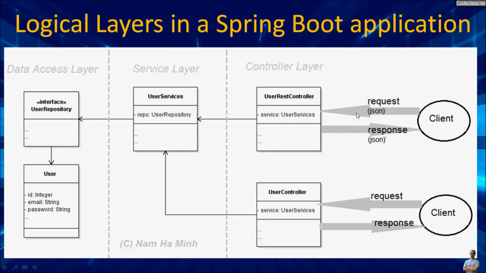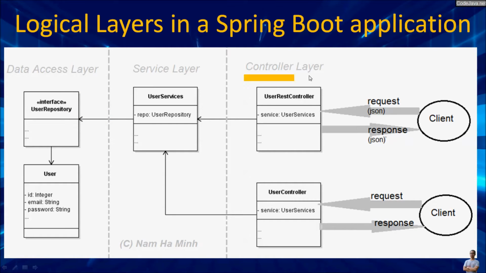In a Spring Boot application, we often separate our code into some logical layers that look like this. The data access layer works with the database, and we have repositories and entity classes in the data access layer. In the service or business layer, we implement the logic for the application, and this layer depends on the data access layer to retrieve and update the database.